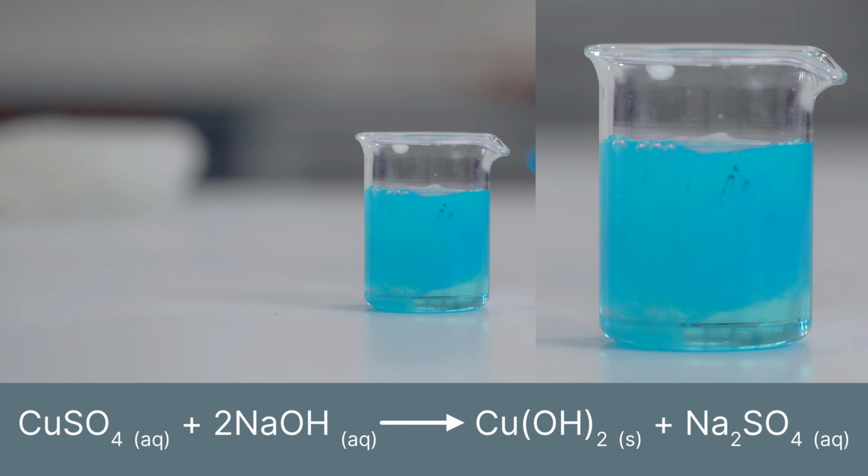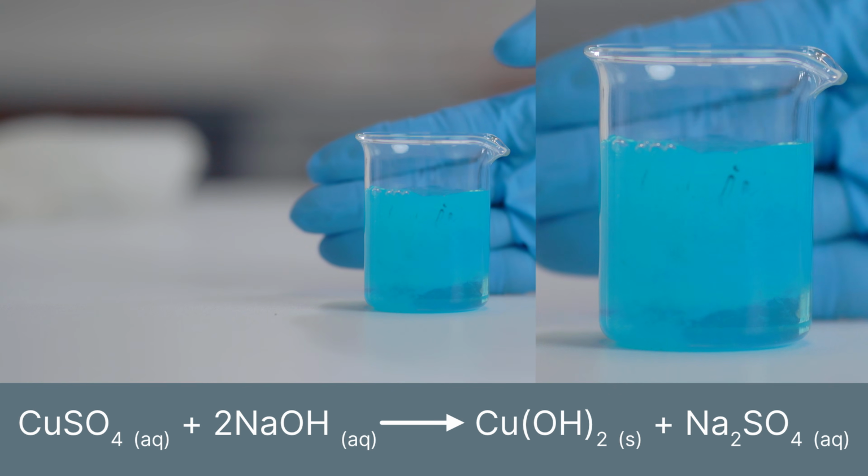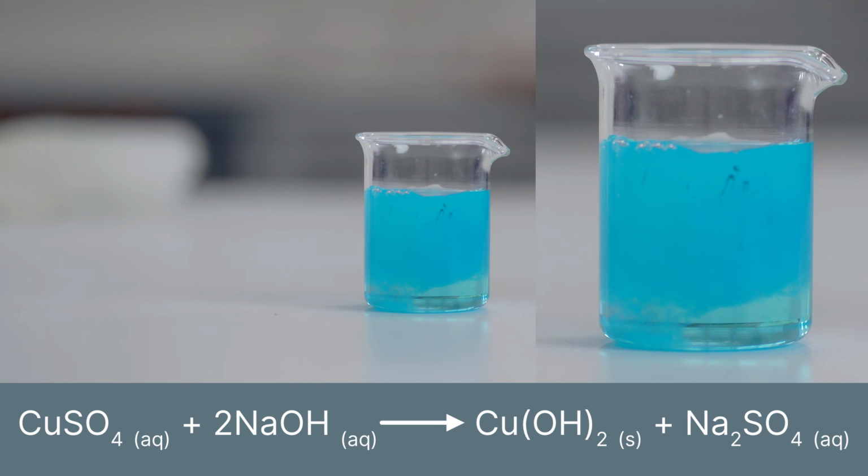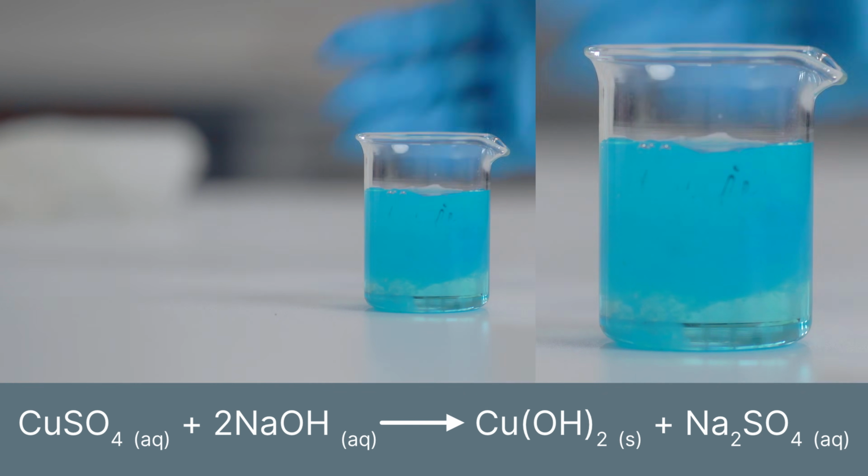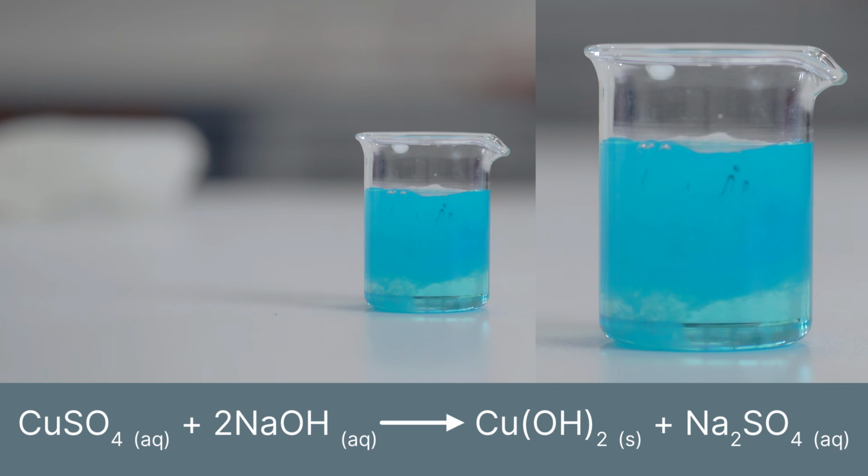So now we can see that the solution is no longer transparent, so you can't see very clearly through it. We have a bit of a blue cloud, so it's very likely that our precipitate, the solid formation, is copper-based, because copper usually has this beautiful blue colour. And again, if we leave this for a bit of time, those little solid particles will eventually start to settle. But I think I might carry on to the next one here.